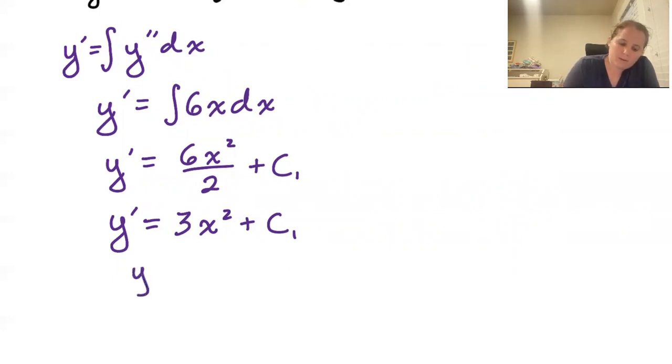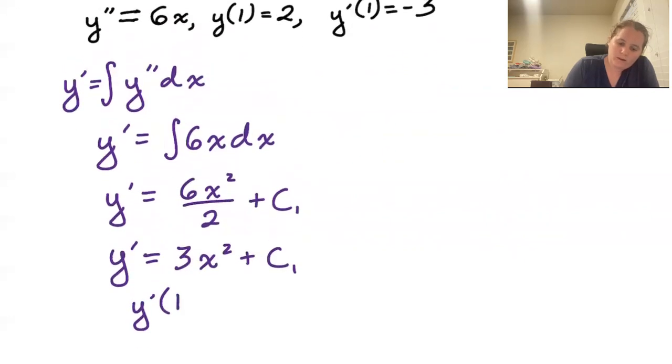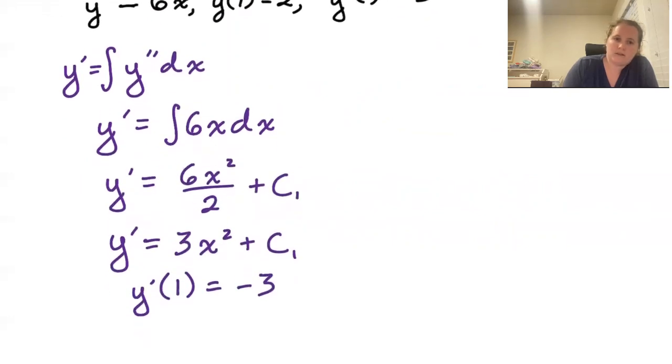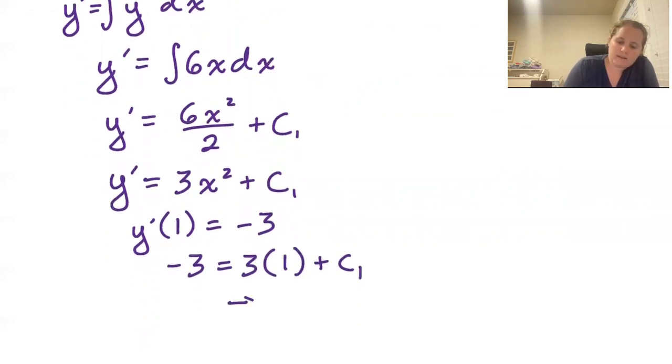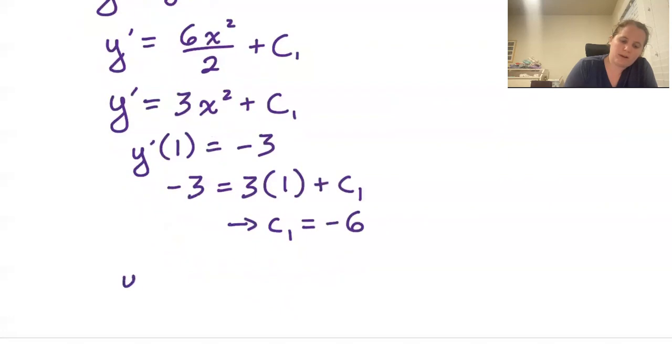So we know that y prime of 1 was equal to -3. So we have -3 is equal to 3 times 1 plus c1. That tells us that c1 is equal to -6. So at this point, we have y prime is equal to 3x squared minus 6.